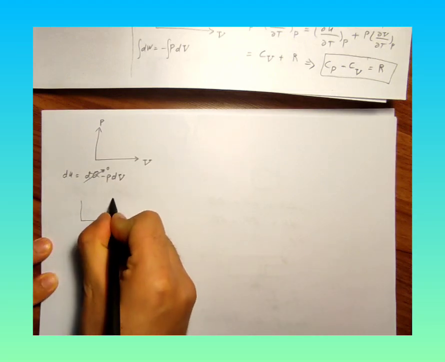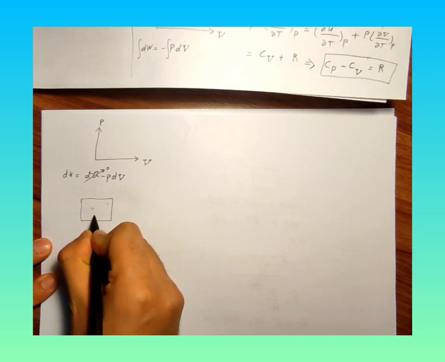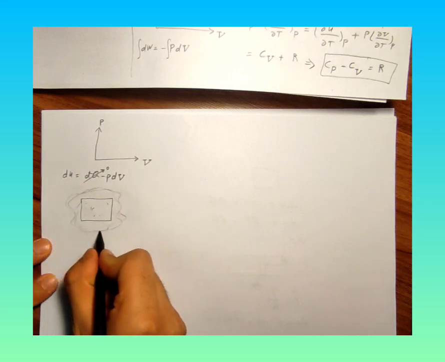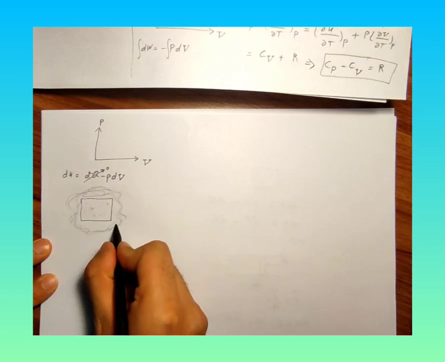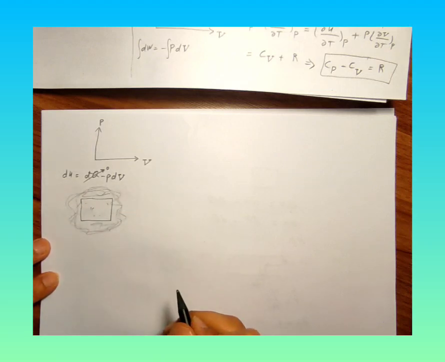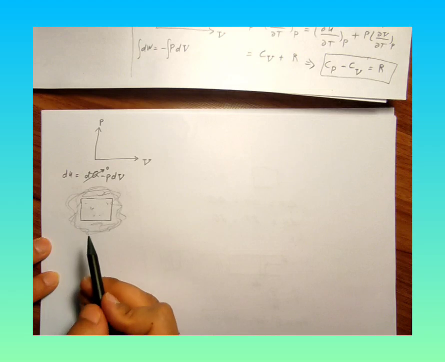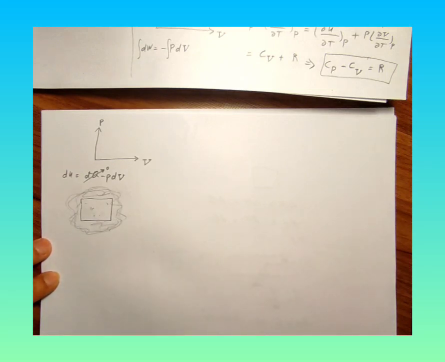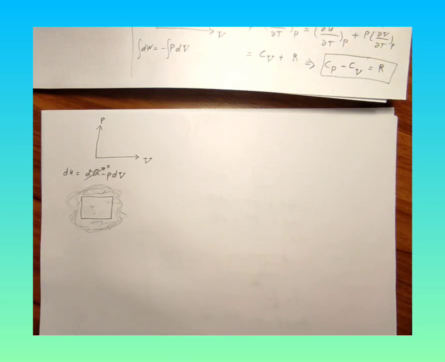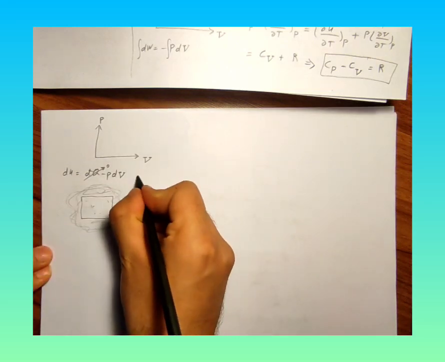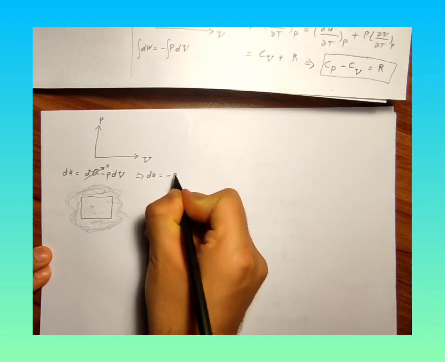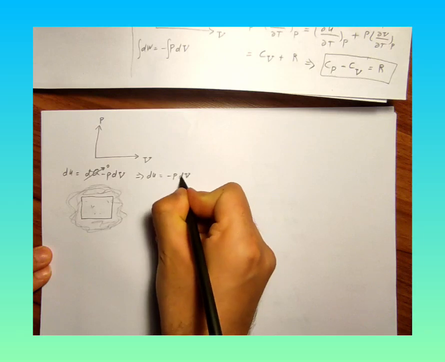They can have a gas here, and they can put around it something that doesn't let heat move from it and enter the gas or exit the gas. So it is possible to have this process. In this process, dU is equal to minus P dV.